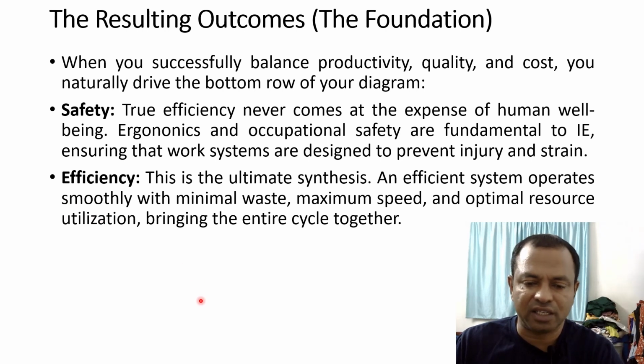And efficiency, this is the ultimate synthesis. An efficient system operates smoothly with minimal waste, maximum speed, and optimal resource utilization, bringing the entire cycle together. So these are the outcomes of the industrial engineering application in a firm.